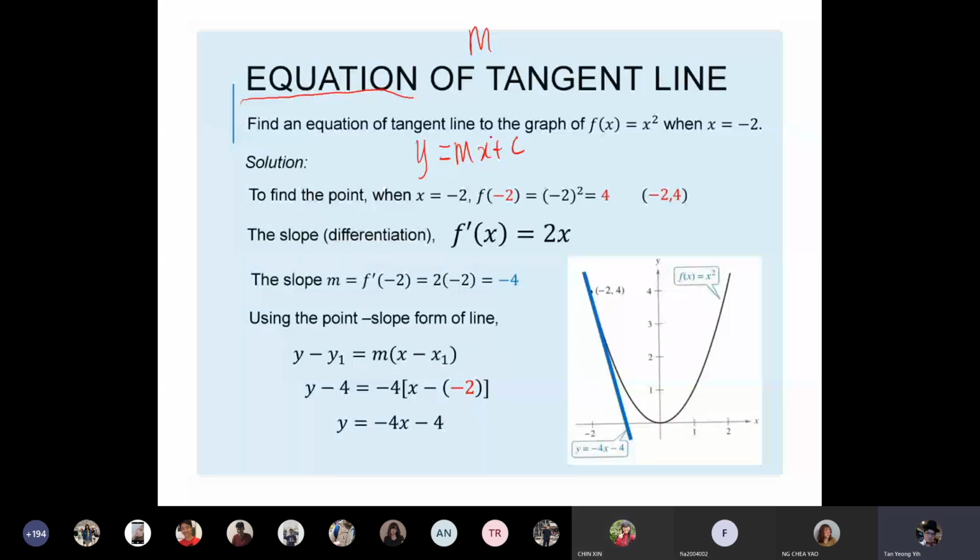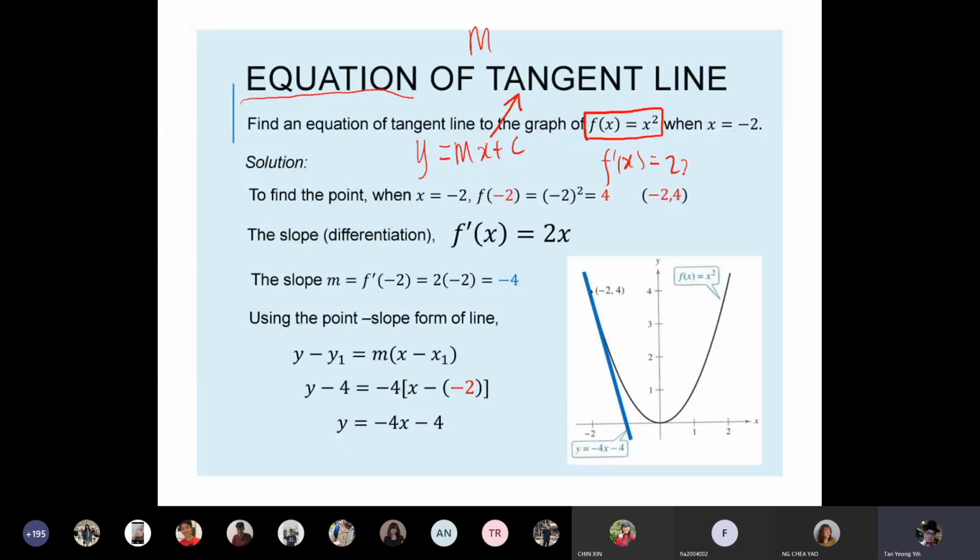So tangent line is a straight line, so the tangent line will have this form of equation. To find the equation of a tangent line, we need to find the m and also c. Okay. All right. So now start with the function f(x) equals x squared. So first we differentiate.